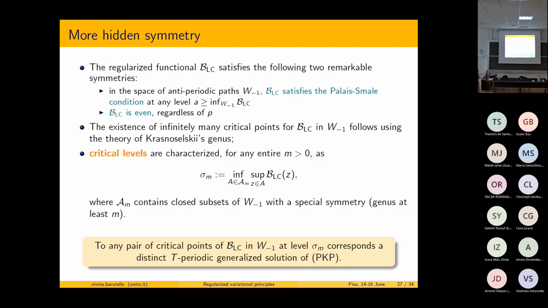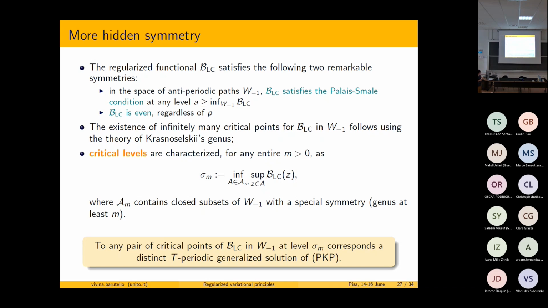This method is the Krasnoselskii genus strategy. It is a strategy that provides you infinitely many critical levels characterized as, it's not the minimax, but more or less it is a sort of minimax.